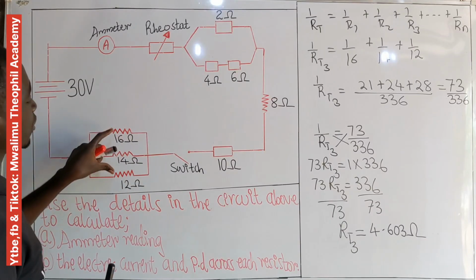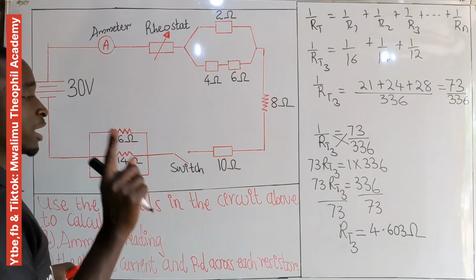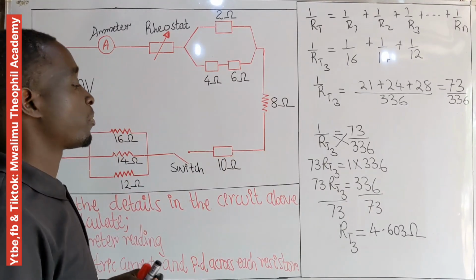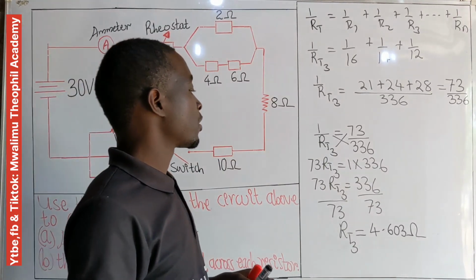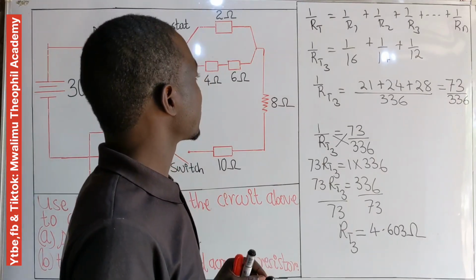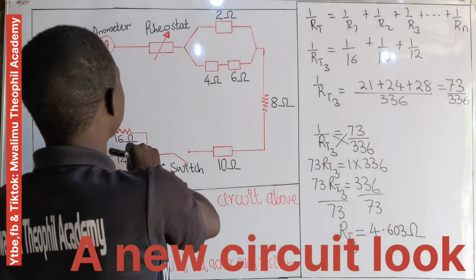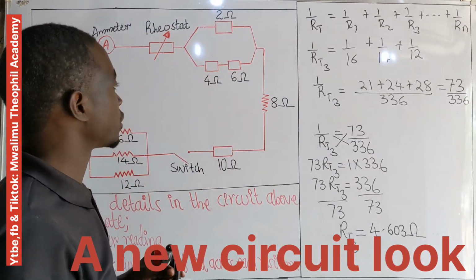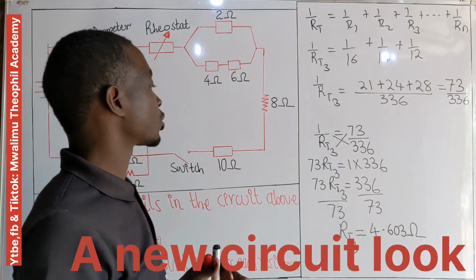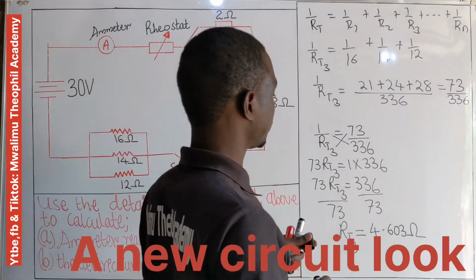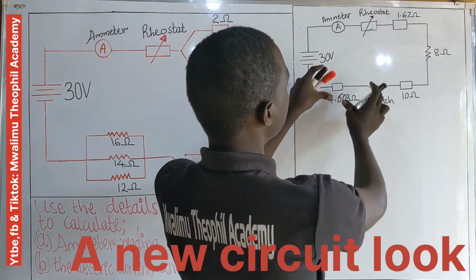So instead of drawing these three resistors, we are going to use a single resistor having 4.603 ohm. After that, let us see a new circuit after we've combined all those resistors which are in parallel. Now a new circuit will look as follows. This is our new circuit.